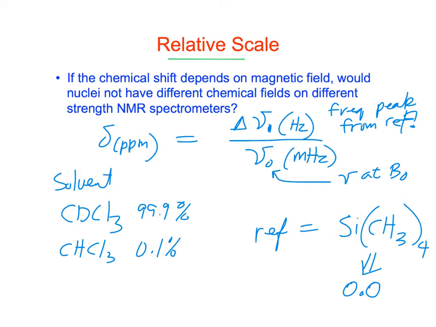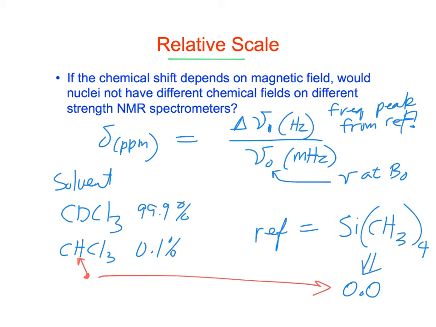Okay, so what we usually do is we reference to this residual amount of proton. However, the value that we put for that is relative to TMS. Somebody else has done that experiment. So that's why we put 7.26.